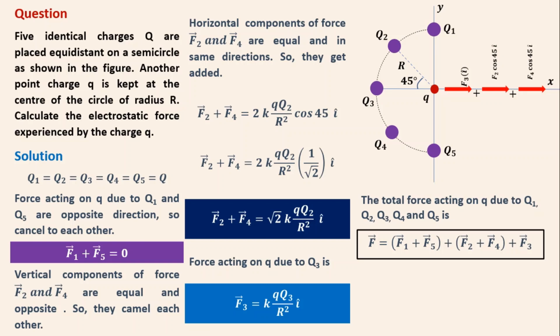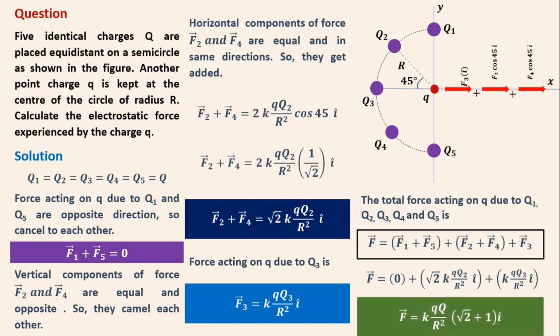We have seen that F1 vector plus F5 vector equals 0, and F2 vector plus F4 vector together equals root 2 times k q q2 by r square i cap, plus F3, which is equal to k times q q3 by r square i cap. So let us add all these quantities. Final answer is F vector equals k q q by r square, root 2 plus 1 within brackets, i cap.